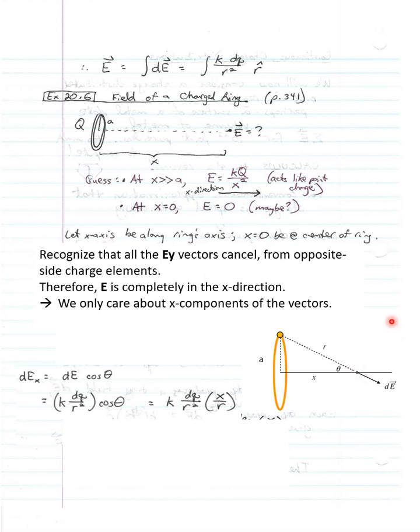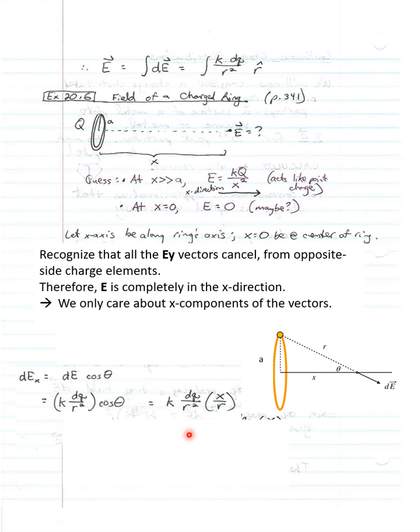As you look at this triangle, the x component of dE is going to be dE times cosine theta, basic trigonometry there, which is k dq over r squared times cosine theta. Now cosine theta is, just from basic trigonometry, x over r. So let's replace that cosine theta with x over r.